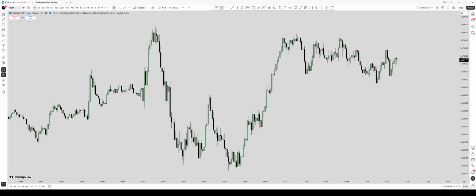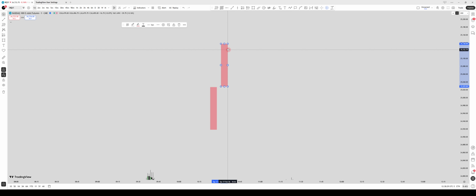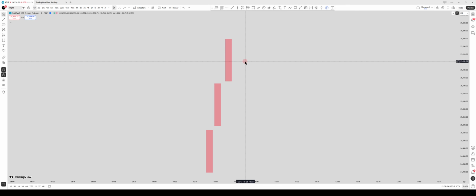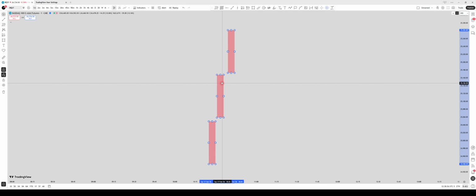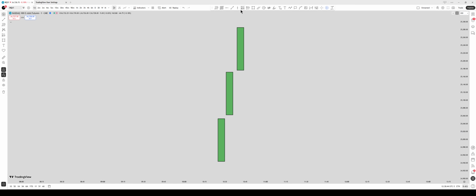All right, so let me just try to draw this on the chart. So we see that price opened right here and closed right here.